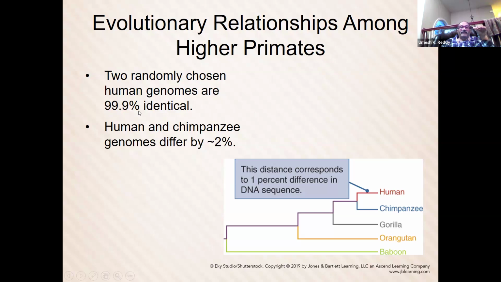So that 0.1% of DNA makes the difference because the genes express differently. The regulatory domains, the regulatory switches for each gene, will alter. Those slight alterations are good enough to cause enormous phenotypic diversity.